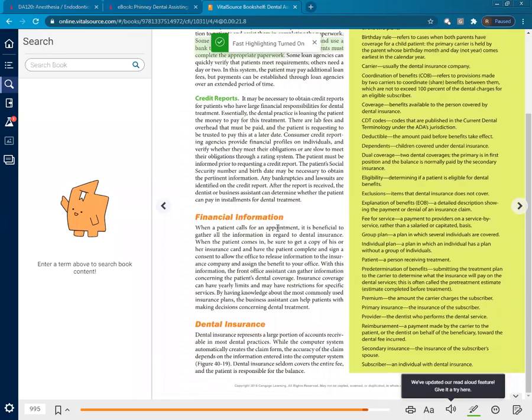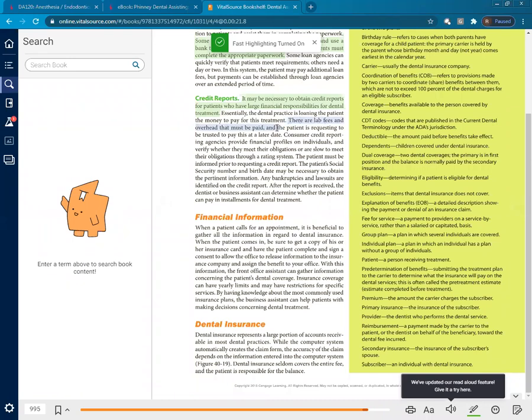Some offices, and I'm so against this, I don't agree with this at all, but it happens and it's become less and less common, obtain credit reports for patients who have large financial responsibilities for dental treatment. If it's a large sum of money that the practice is loaning the patient to pay for their treatment, like we do with in-office financing, there are definitely lab fees and overhead that have to be paid.